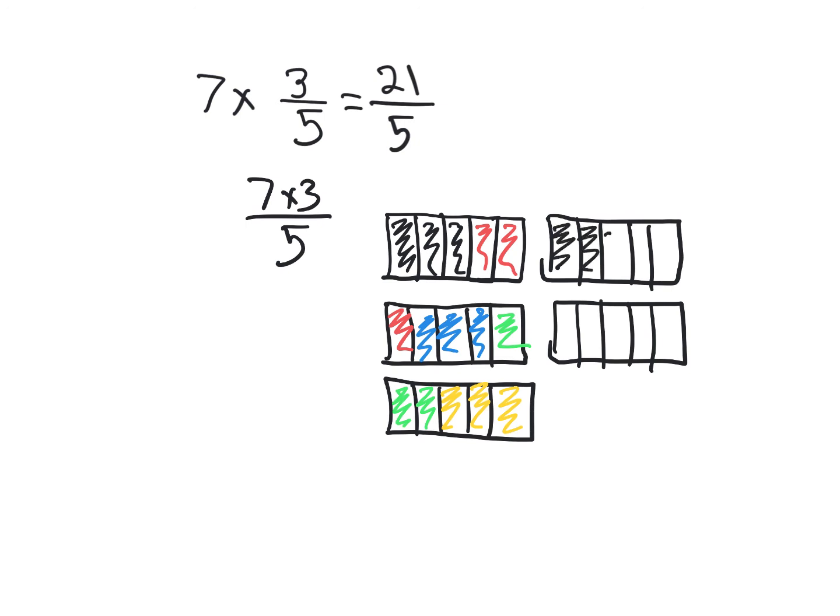Six sets of 3/5. I'm going to use blue just for fun. Seven sets of 3/5. And I go back and I say that's 1, 1, 1, 1, and 1/5. So I get 4 and 1/5 as an answer to 7 times 3/5.